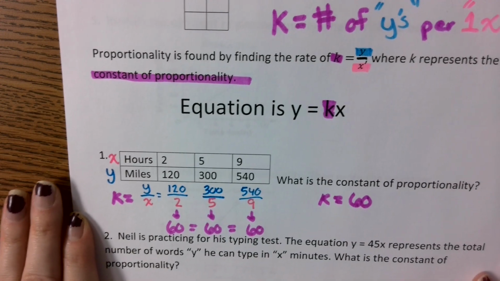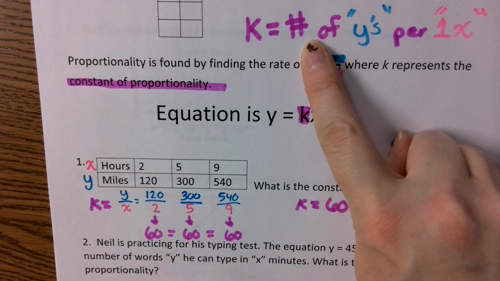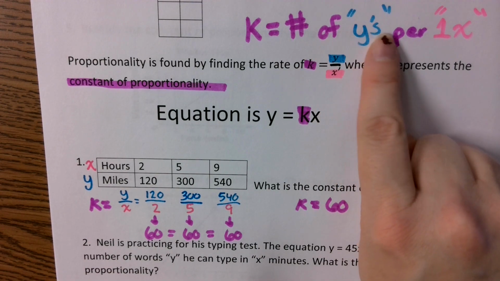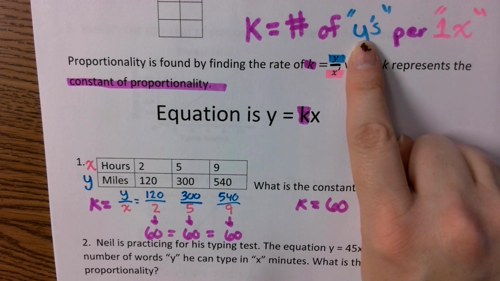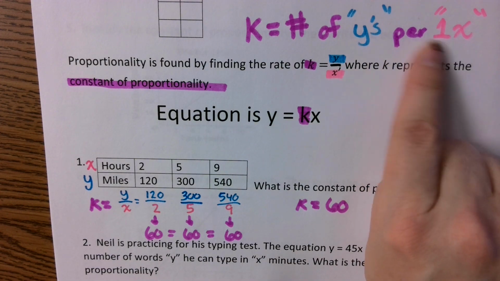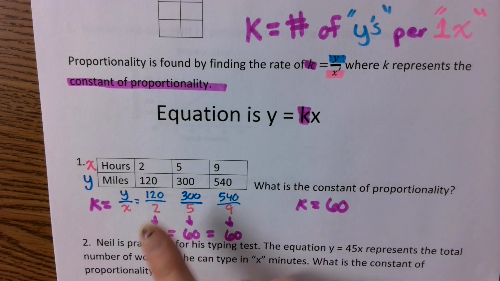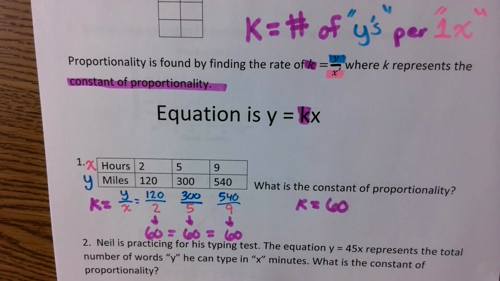Now, I can't just leave it as a number. Remember, I said k is a number of whatever our y is per whatever our x is. Now, remember, the y and the x are no longer numbers. Those are labels. In this problem, what was the label for y? What did y represent? Ivana? Miles.